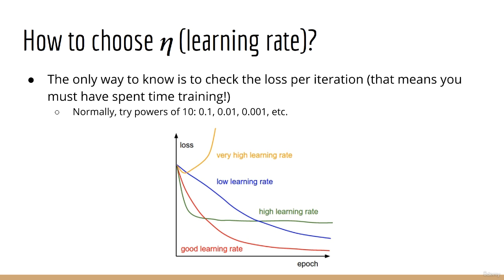That's also not good. A good learning rate is in between these two extremes, and so what you'll probably end up doing is finding the limits of your particular data set, what's too high, what's too low, and then trying different numbers in between until you find something good. Normally, we try numbers that are powers of 10, for example, 0.1, 0.01, 0.001, and so forth.